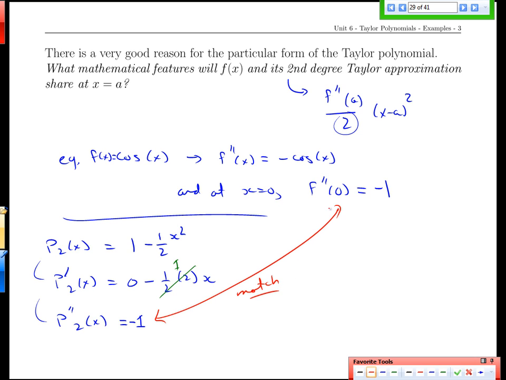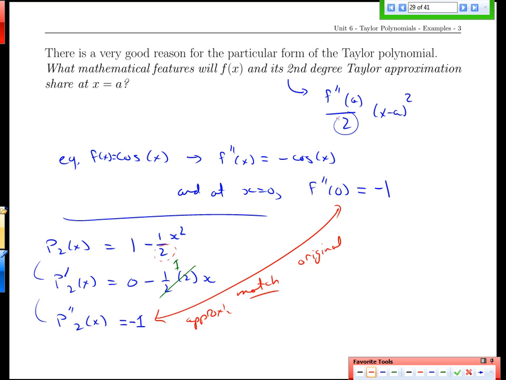These two will match perfectly. So our approximation and the original function have the same second derivative, but only because of this half here.